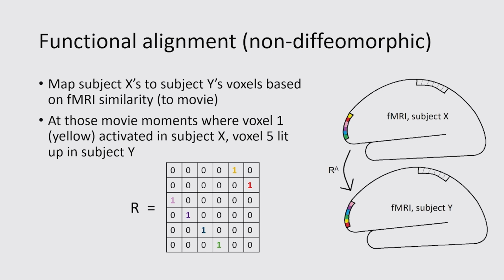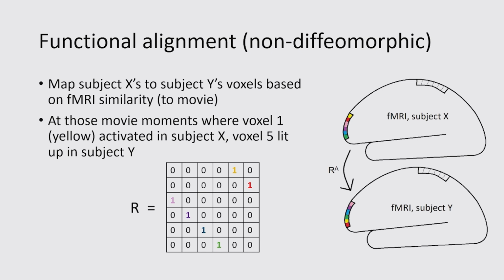Let me illustrate with a small schematic. In the picture on the right, you see the brains of two individuals, and you see single cortical parcels with 6 voxels in them, because it's a cartoon. And both of these individuals have watched the same movie. The colored boxes in those brains are showing which voxels light up for particular moments in the movie.